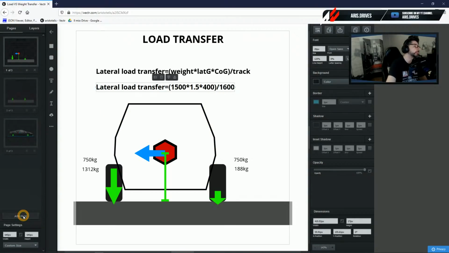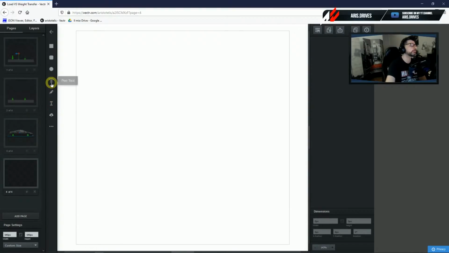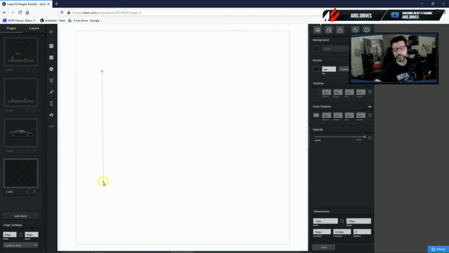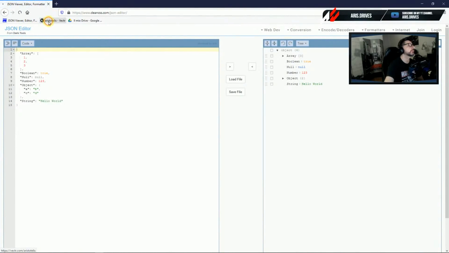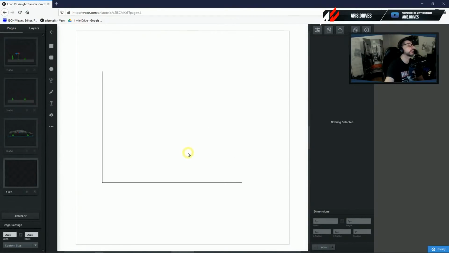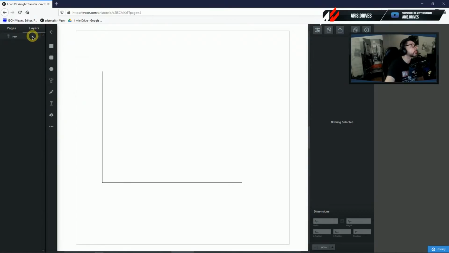Here's the situation. Let me do a new page. The tires generate grip in a particular way, so this is practically a graph we're trying to draw. Here is the grip of the tires, or actually, let me put load, that's easier to understand.